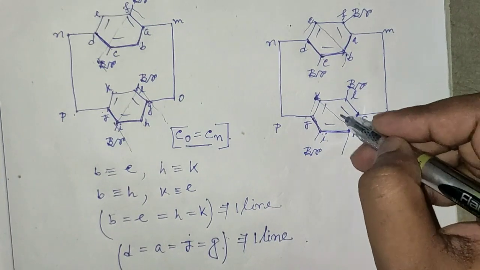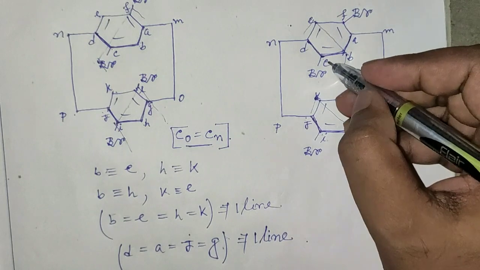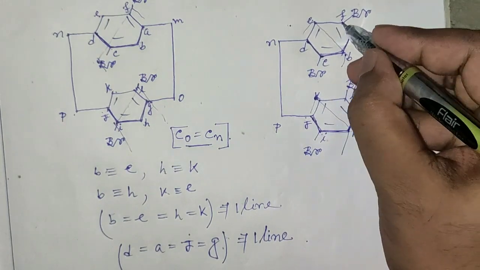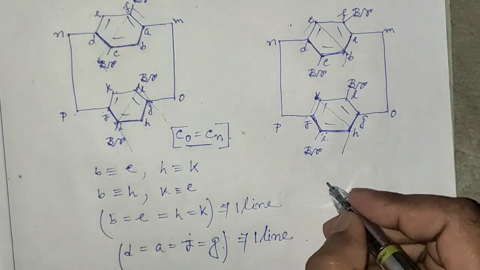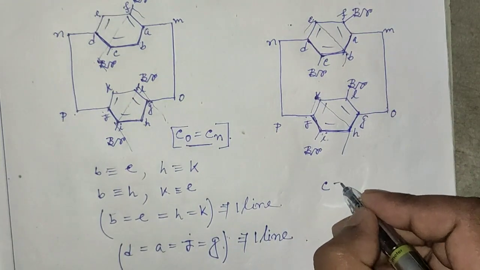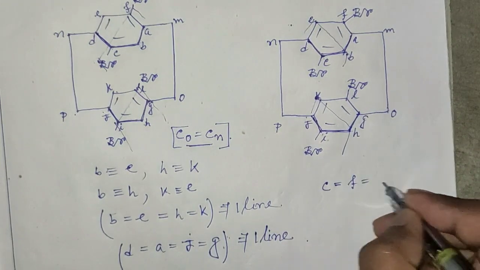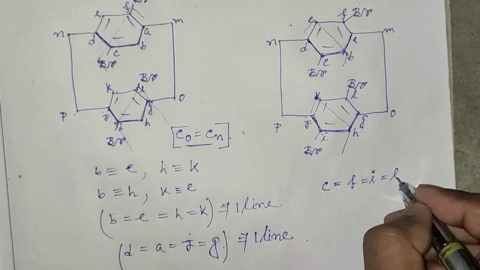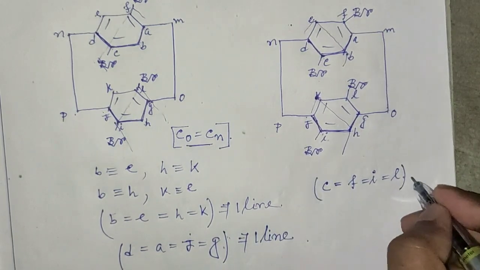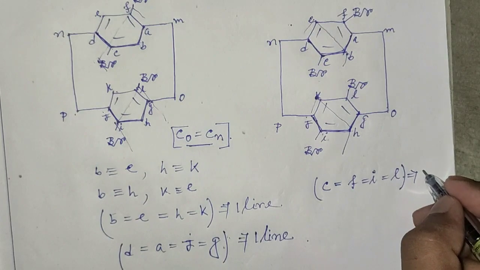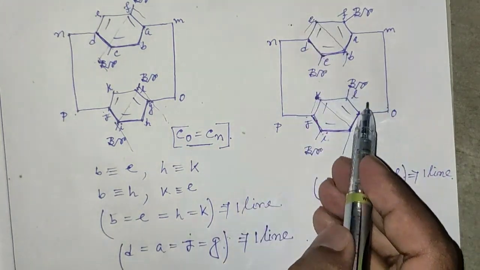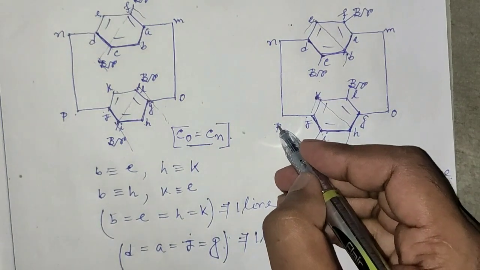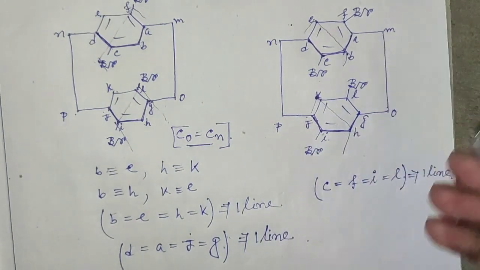In addition we can say that C, F, I and L, all 4 carbons are equivalent, and these 4 carbon atoms will give one line. Similarly, for this plane, the P carbon will be equivalent to M carbon.